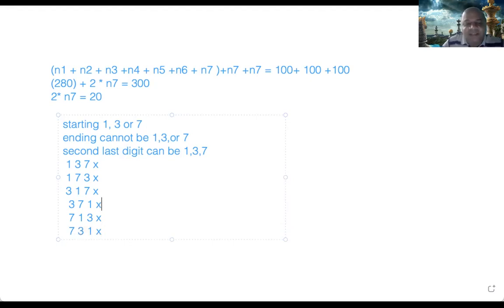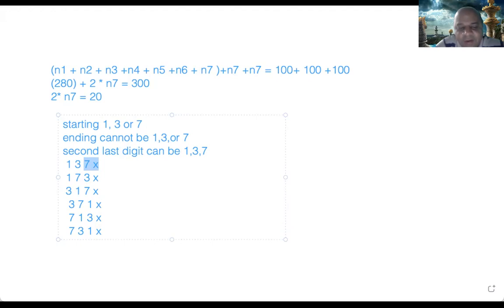All these possibilities exist. The only thing is, if 7 followed by some number is to be divisible by 4, it has to be either 2 or 6.